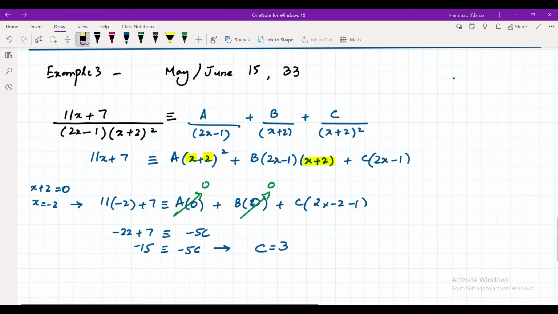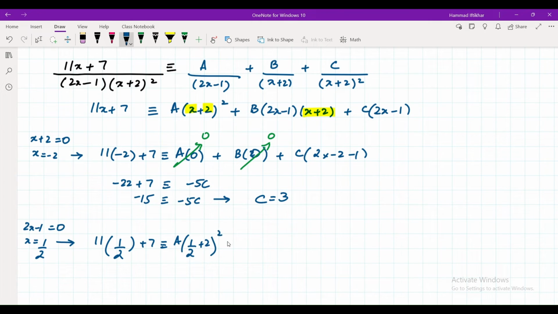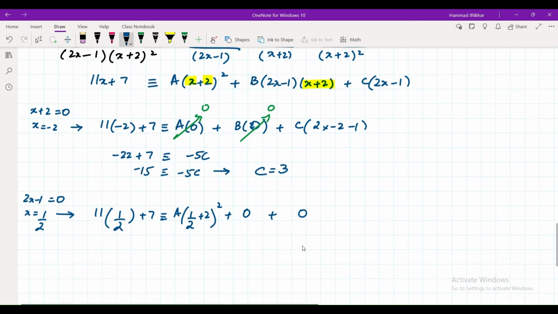Okay, now we proceed with the other value of x that we can use, and that would be coming from 2x minus 1. So when we put 2x minus 1 equal to 0, we get a positive half. We plug in 11 times 1 over 2 plus 7. A times 1 over 2 plus 2 whole square, plus, since wherever 2x minus 1 would be, that would become 0, so 0 plus 0.